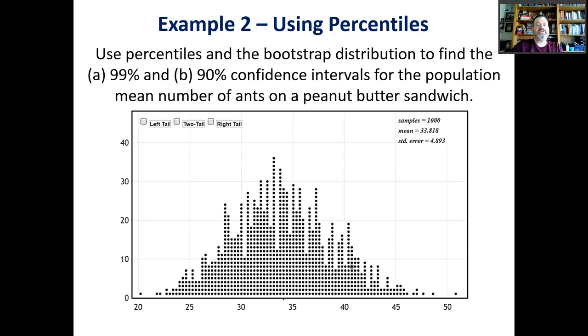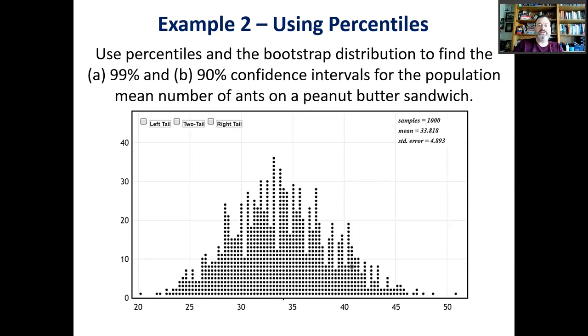All right, use percentiles in the bootstrap distribution to find the 99% and 90% confidence intervals for the population mean number of ants on a peanut butter sandwich. Here's our bootstrap distribution with ants on a sandwich from the previous section. Let's start with a 99% confidence interval.